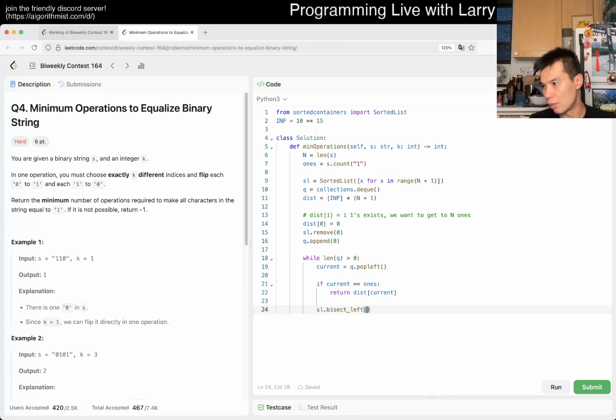So that means that we want to be able to do negative k to k, right? So we want to binary search for not negative k, but well delta negative k, but from current minus k. Left index, let's just say right index is equal to self delta. Bisect right of current plus k, right?